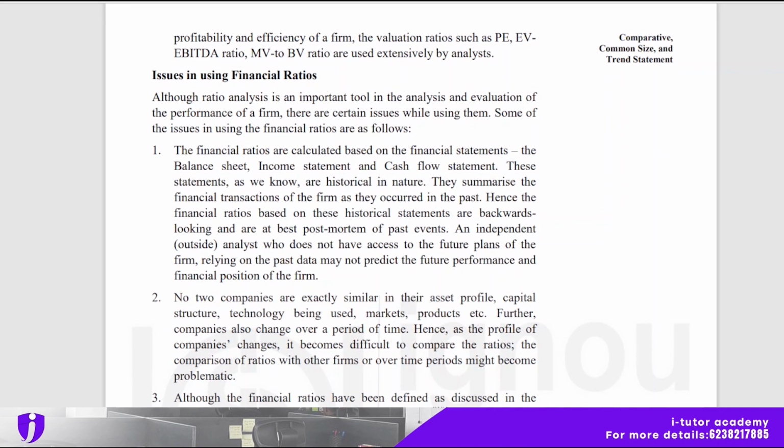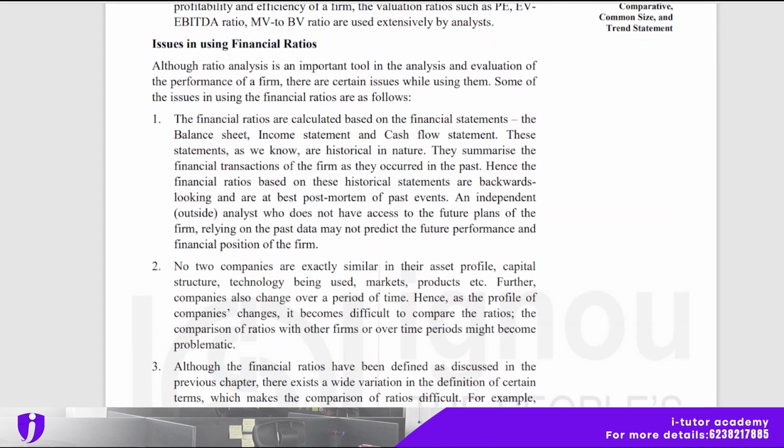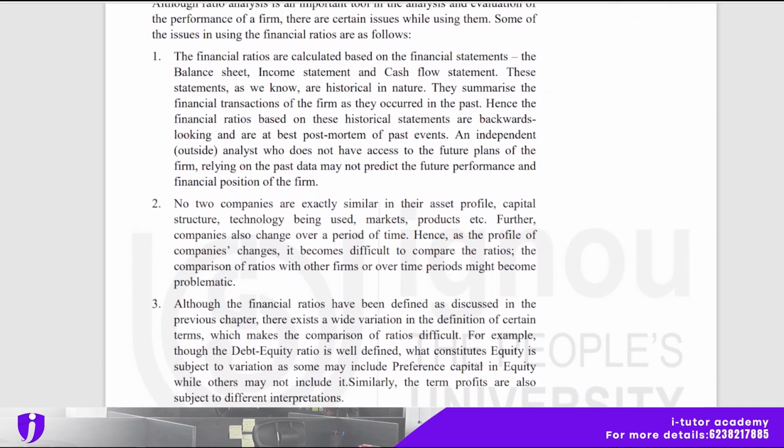Although ratio analysis is an important tool in the analysis and evaluation of the performance of a firm, there are certain issues while using them, and some of the issues in using the financial ratios are as follows.